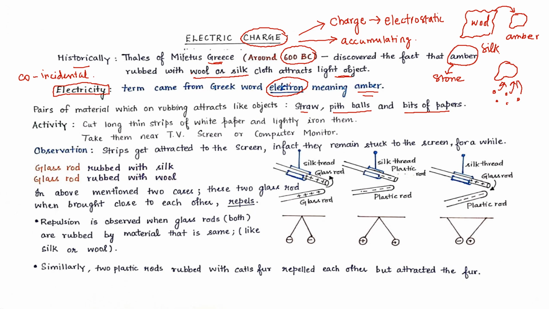So first of all, to validate this attraction of charges, we will do one experiment. Maybe right now many of us are watching this video using a mobile phone. You might have a paper, an A4 sheet or a normal ruled paper in front of you on which you are taking notes.